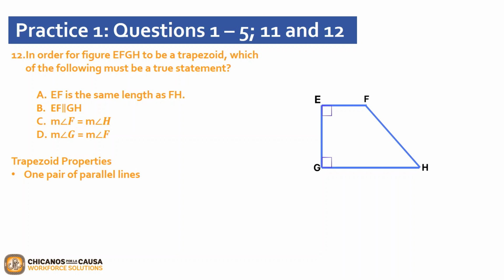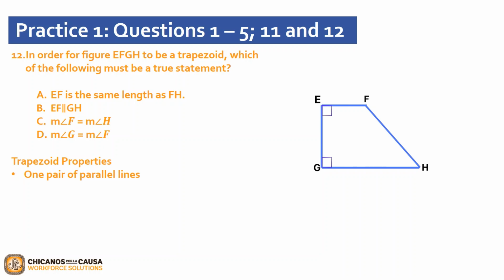So let's look at the properties of a trapezoid. For a trapezoid, you need to have one pair of parallel lines. In this case, we have EF is parallel to GH. As far as our options go, that is the only correct statement that I see in order for the figure to be a trapezoid.